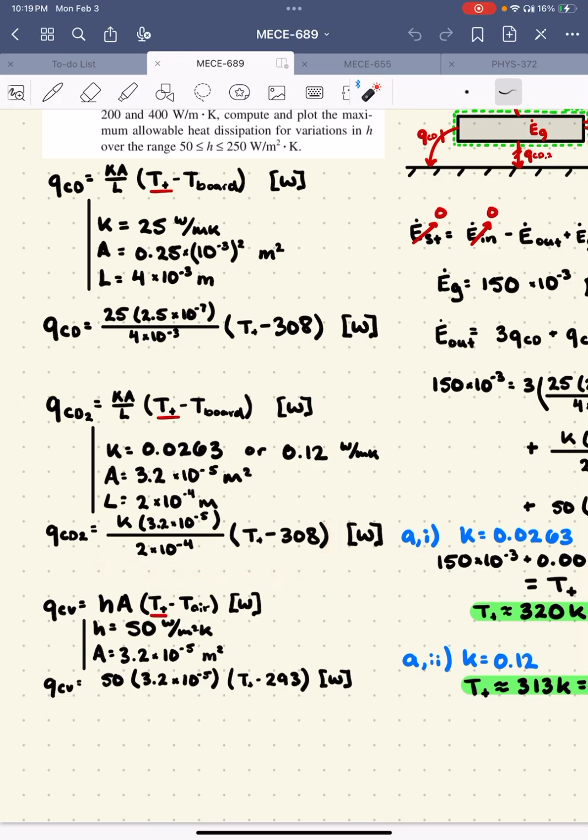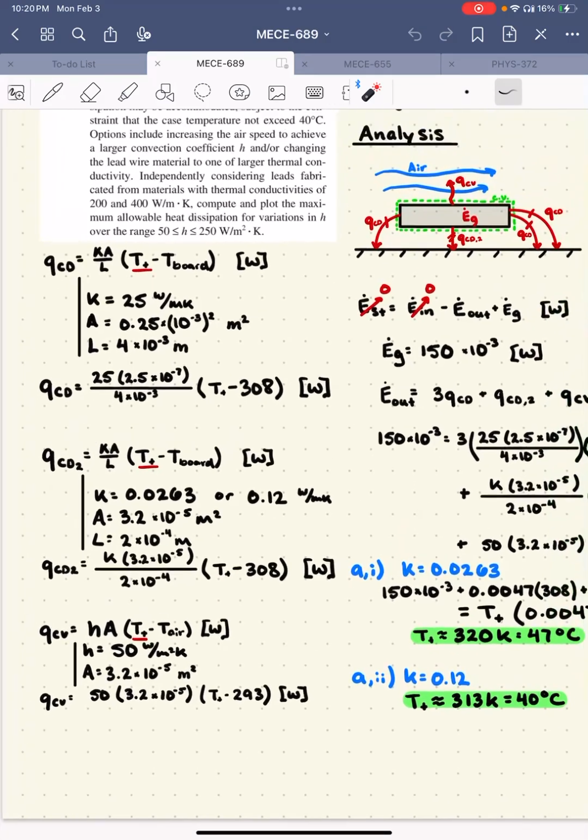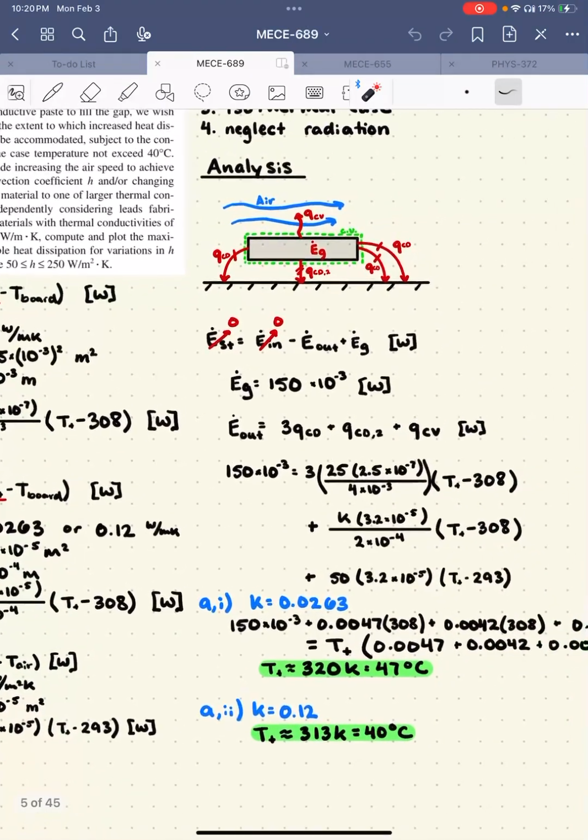We'll plug in k is this or this, depending on if we have air or thermal paste in that gap. And then we also have convection here, where we have hA times delta T. That gives us this formula here. So what we're looking for is this T. We want to know the temperature of the transistor.